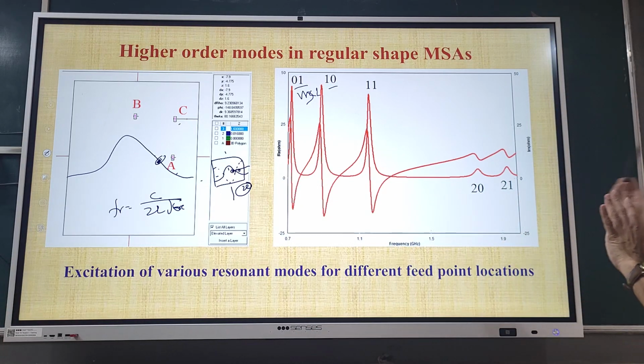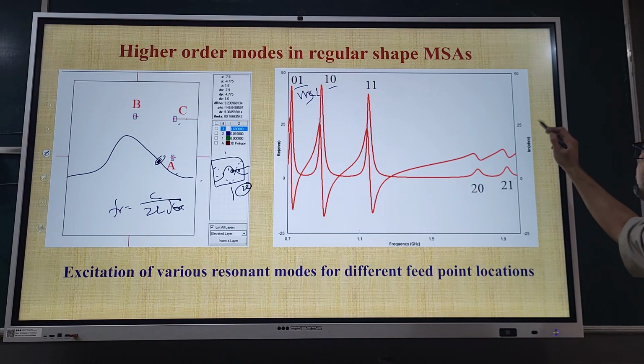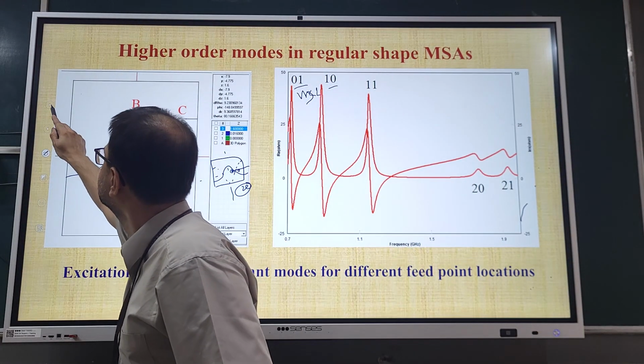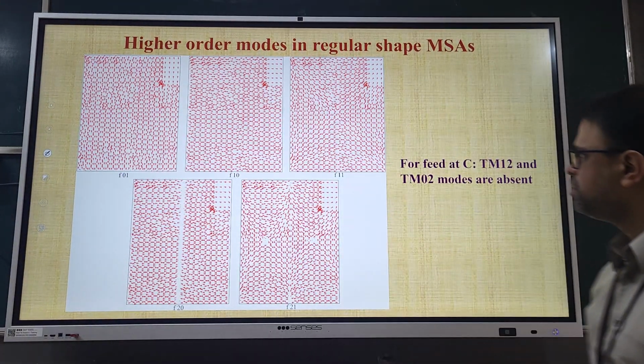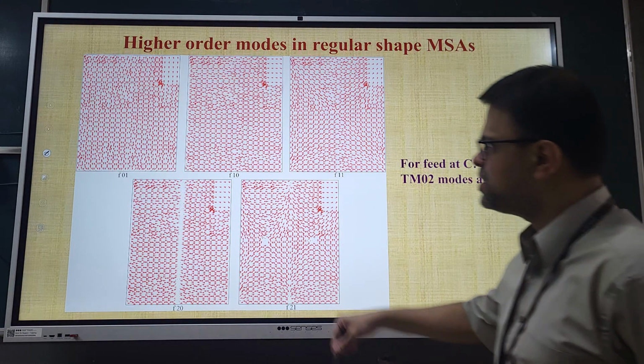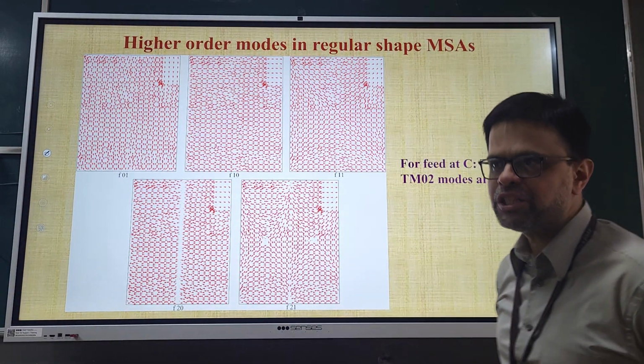Okay, now let's go to their representation. Then you will see how exactly these higher order modes look like. Okay, so this is the distribution of currents. 0-1, you can see variation along the width of the patch.